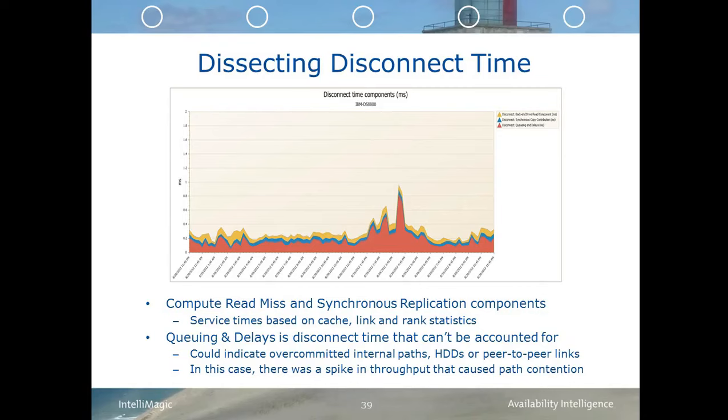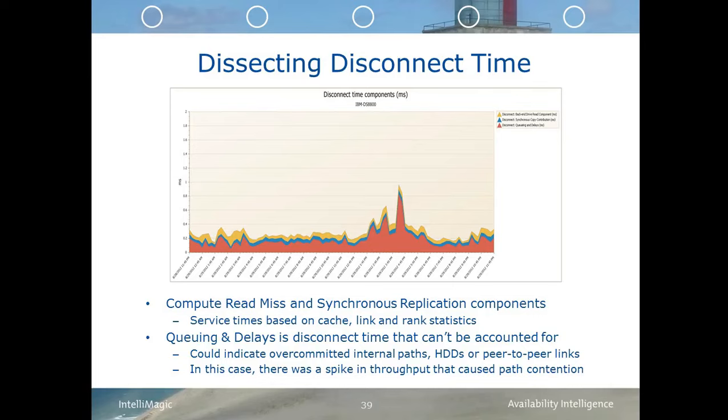To help better understand what is going on, IntelliMagic has developed a methodology to dissect disconnect time into components. Using the back-end hard disk drive metrics, the contribution of read-miss staging time can be estimated. Using the replication link statistics, the contribution of synchronous mirroring can be calculated.